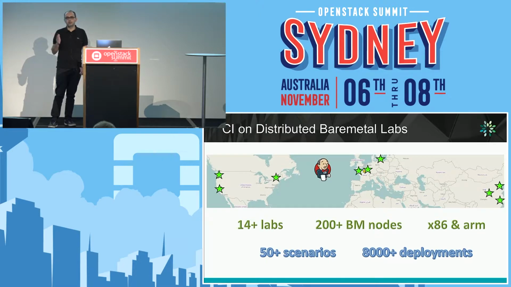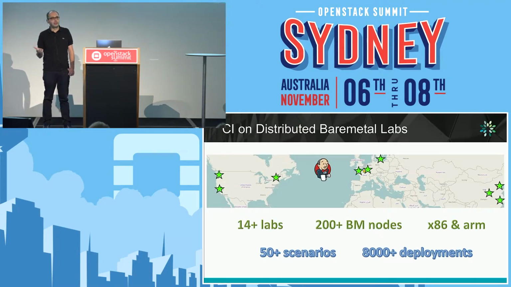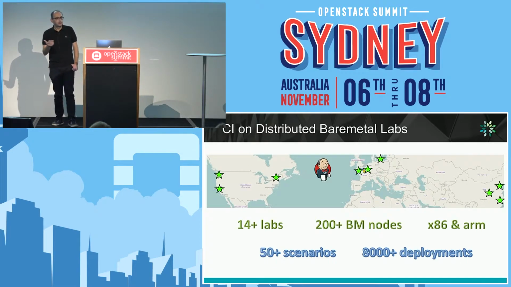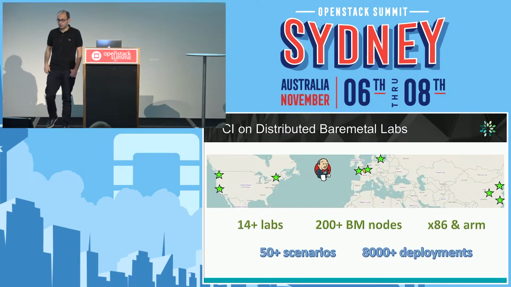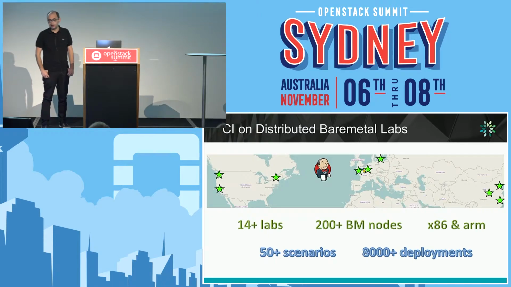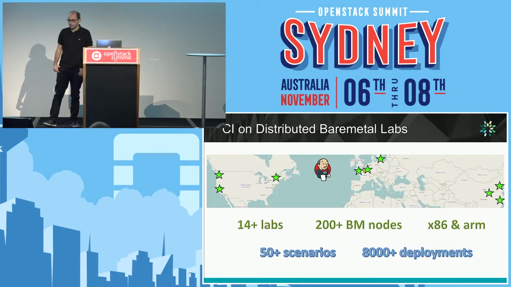But this hardware is different from each other. Some have Dell, some have HP, some have OCP hardware. So we can see how our composed scenarios behave on different types of hardware. We have more than 200 bare metal nodes utilized by our CI, and we support both x86 and ARM architectures.